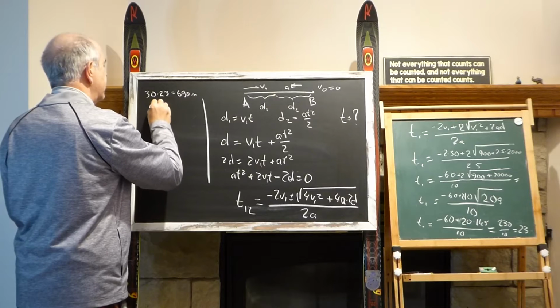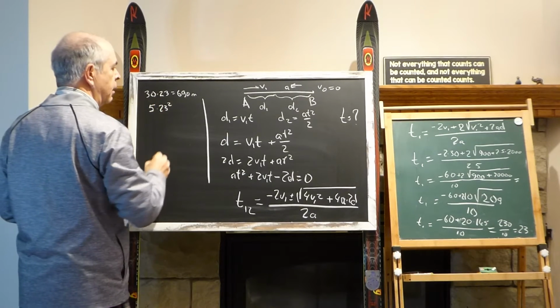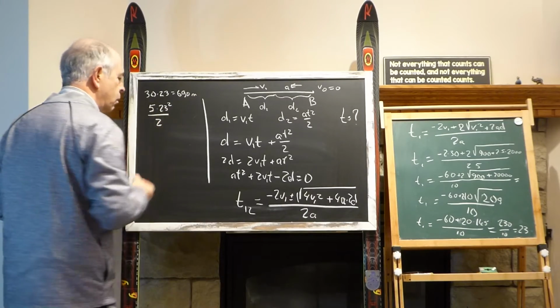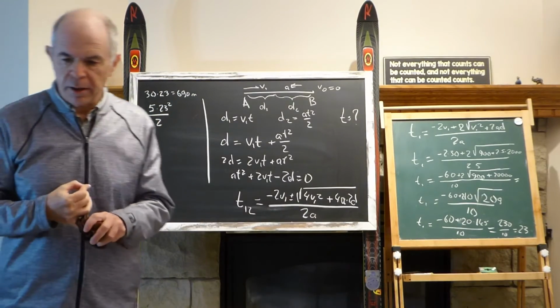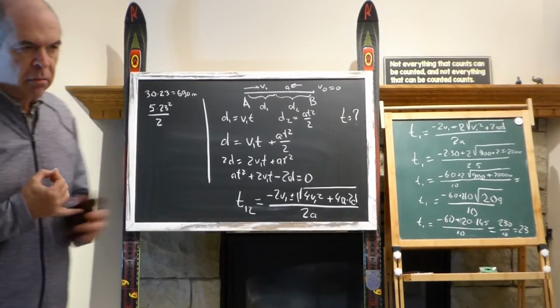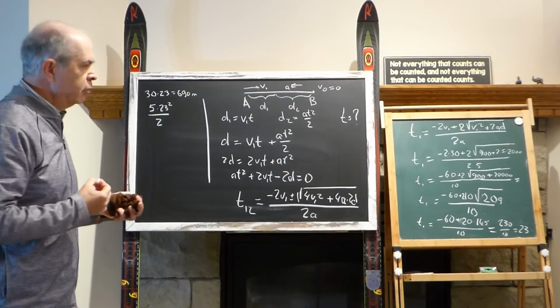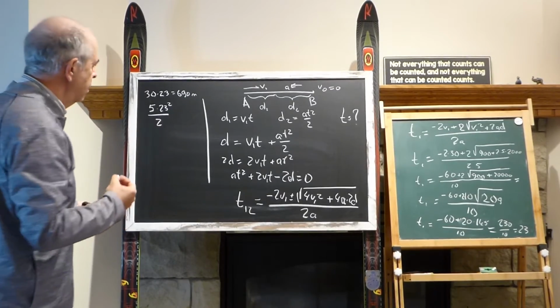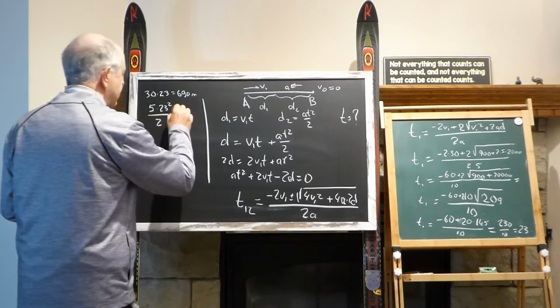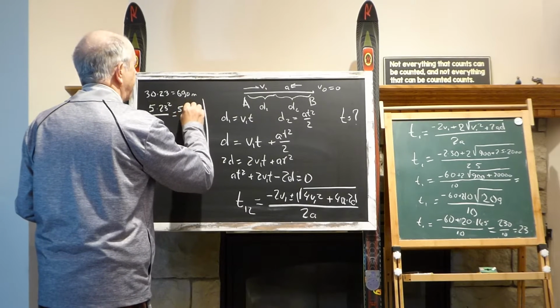A is 5, t squared is 23 squared, divided by 2. 23 squared, roughly, would be around 600, maybe a little bit less. So let's put 590.